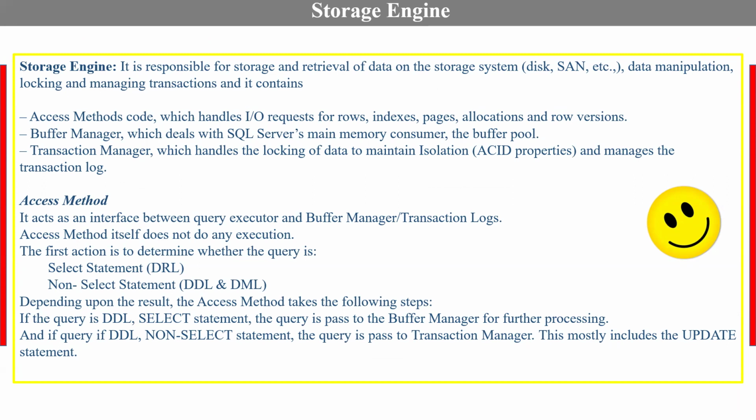If nothing is available in the data cache, it gets the data from the MDF, places it into the data cache, and sends that information to the user. That is what happens when you perform a select statement. The next time you run the same select statement, since the page is already available in the data cache, it won't go to the database.